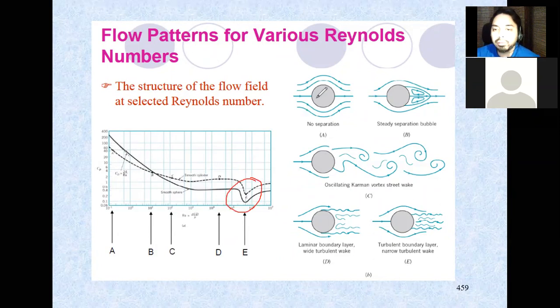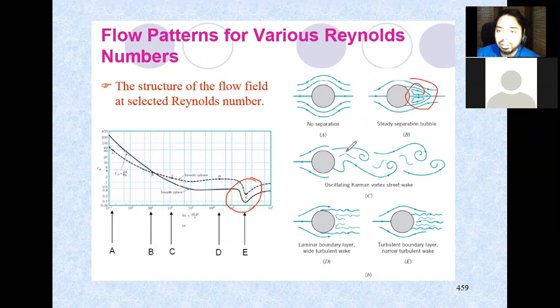When you have no separation at a low Reynolds number like this, you have the drag. Then you start increasing the Reynolds number, and you start having turbulence over here, but the drag becomes smaller.